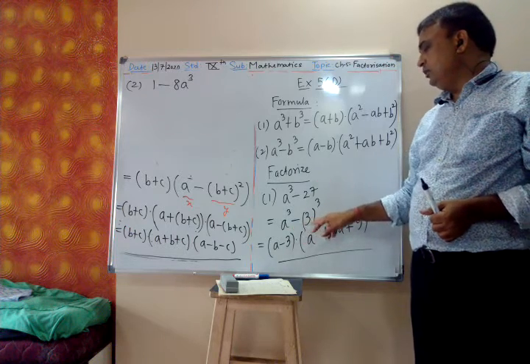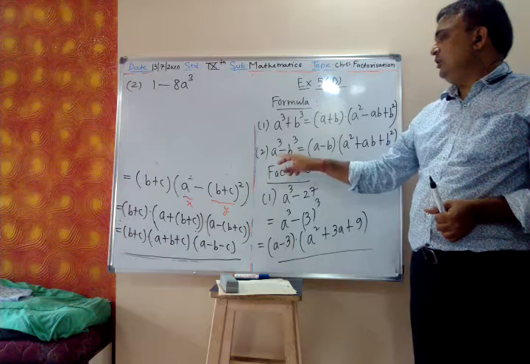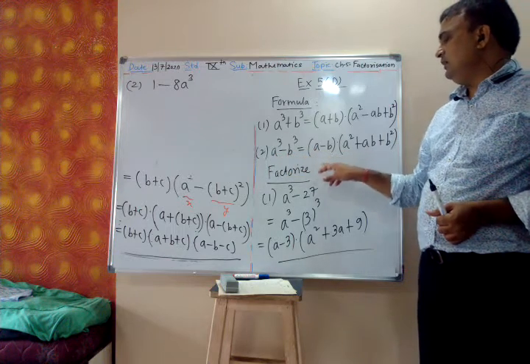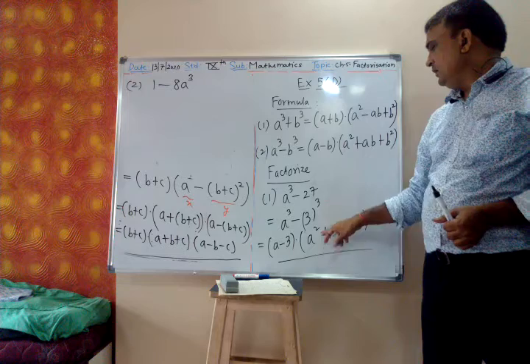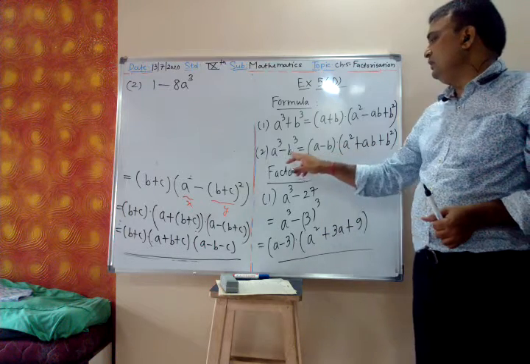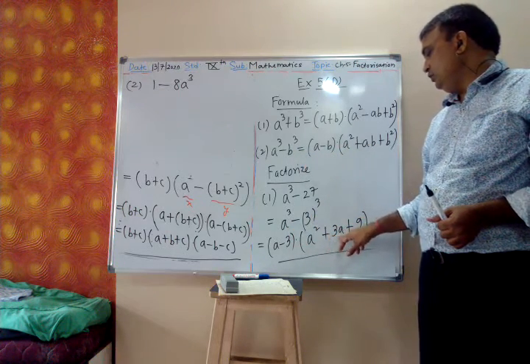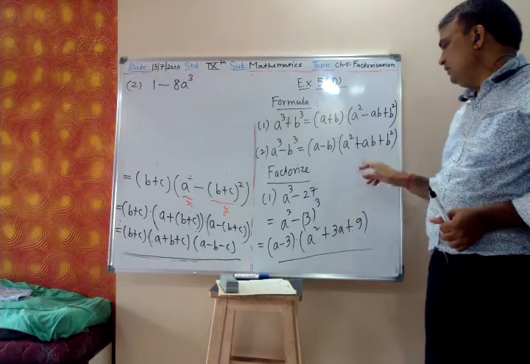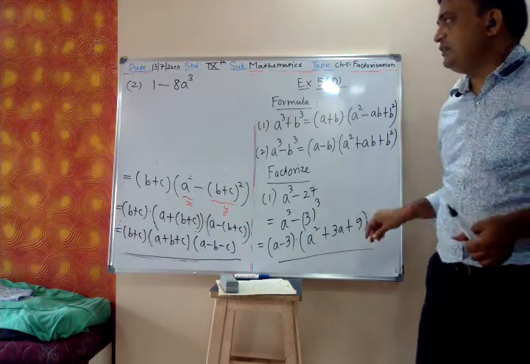So a cube minus 3 cube. Now this is of the form a cube minus b cube, which is a minus b. So a minus 3 into a square plus a into b, so a into 3 is 3a, plus b square. b is nothing but my 3, so 3 square is 9. This is the answer.